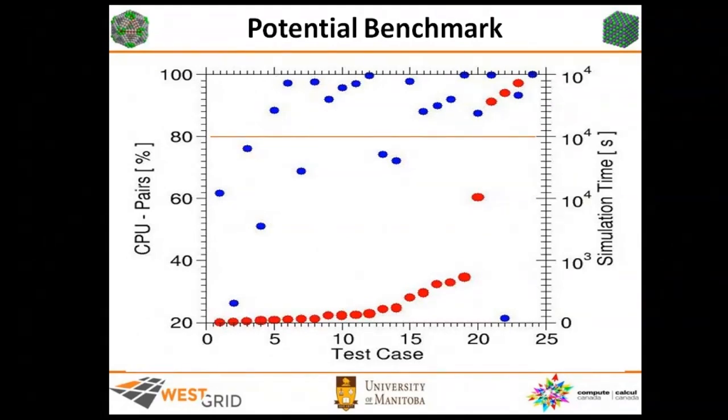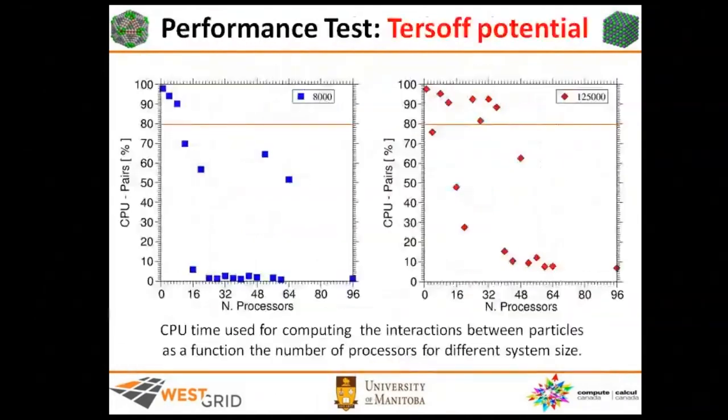I just used one processor for this system, because if I use more than one, I might have some time spent on communication, and I want to remove that. So just to see how much time it takes to simulate using one potential and another, I see here that most of the potentials use more than 80% of the time for computing the interactions.